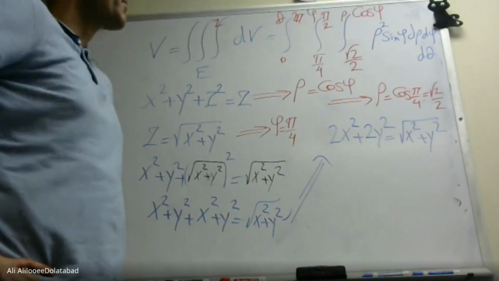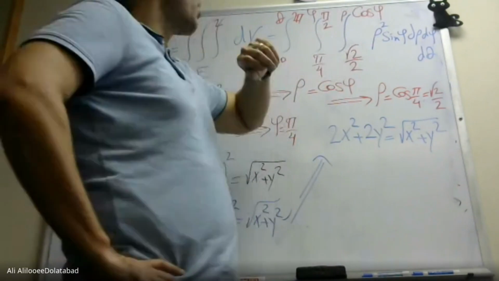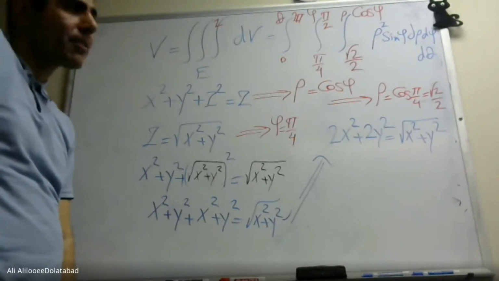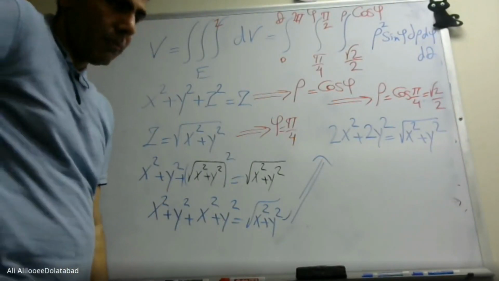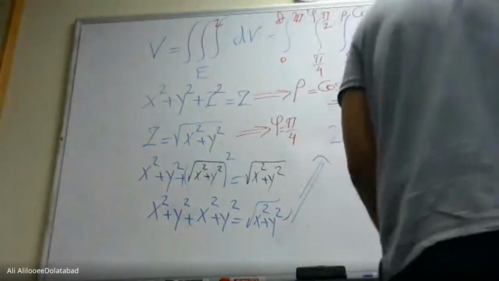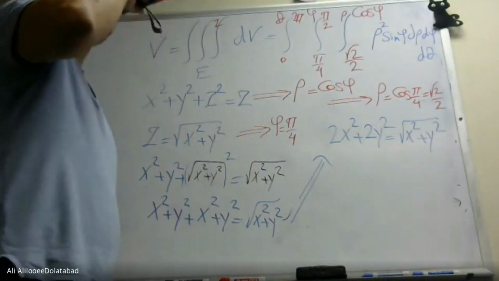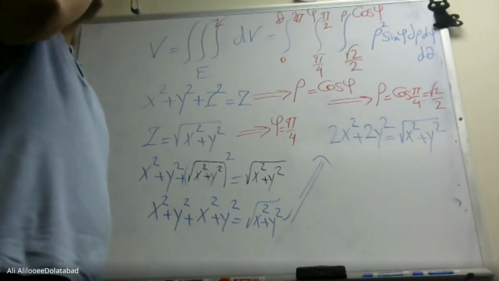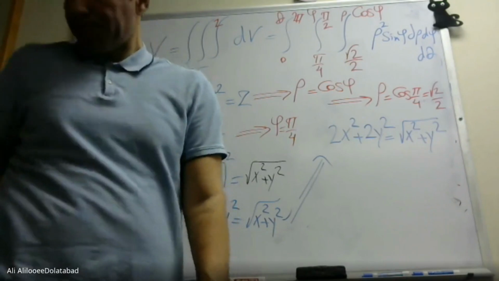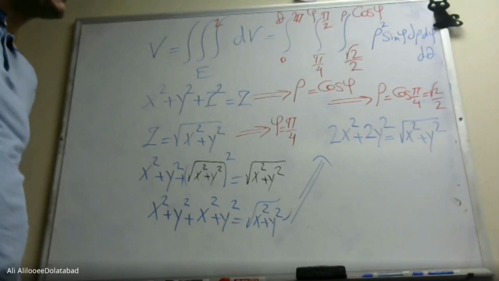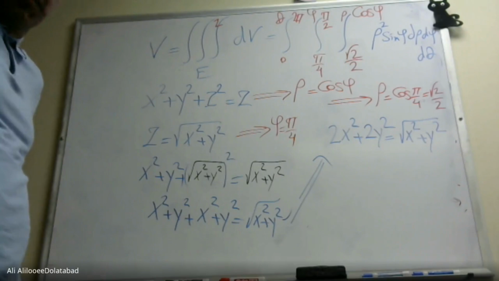After that, we have these two cos of pi, and pi. Any question? Any comment? Any question?